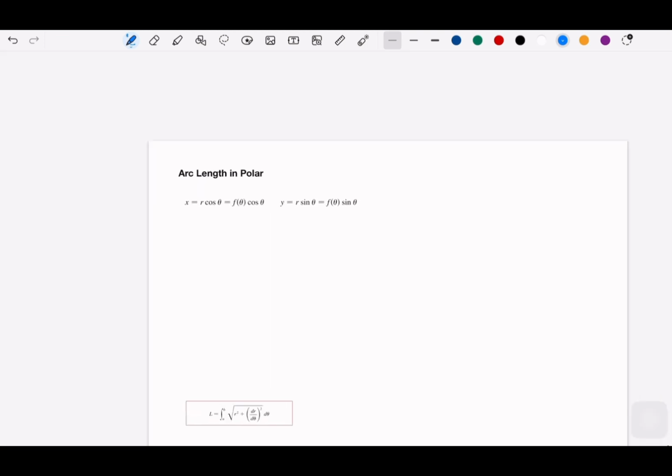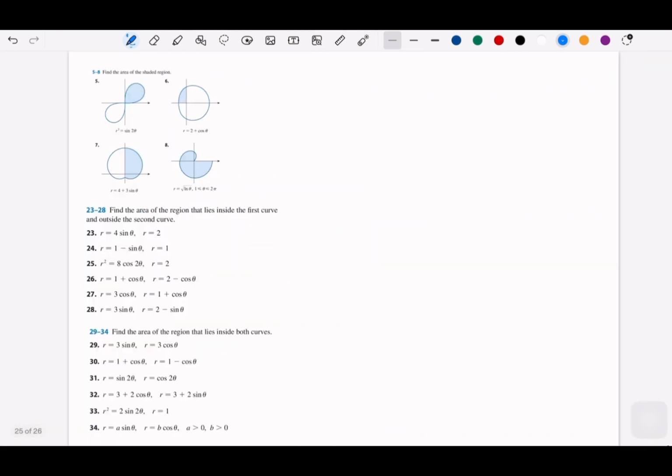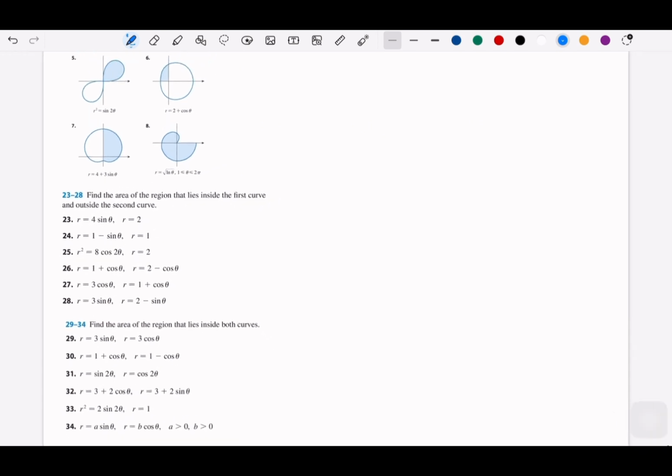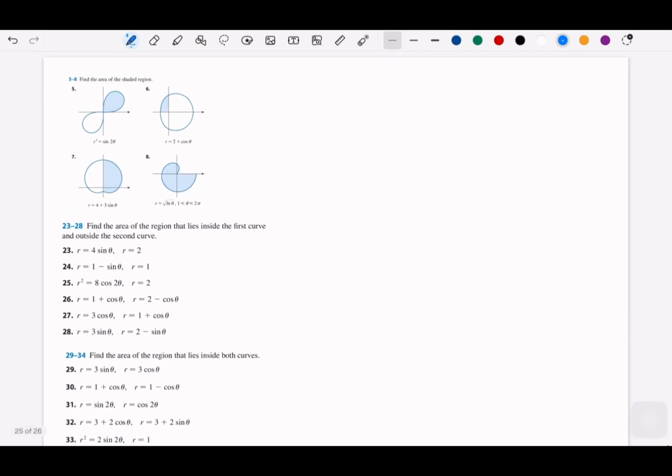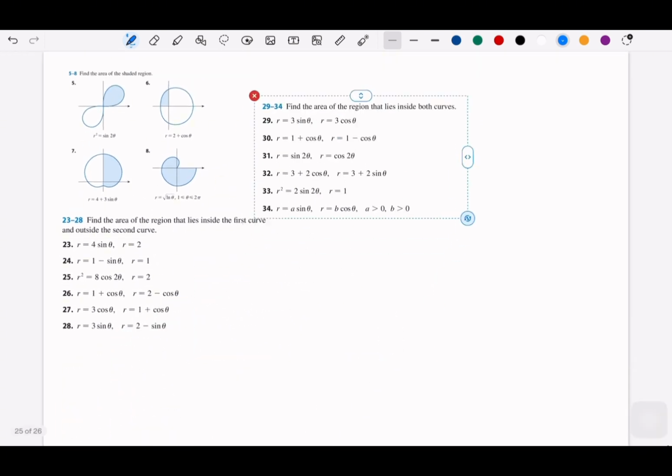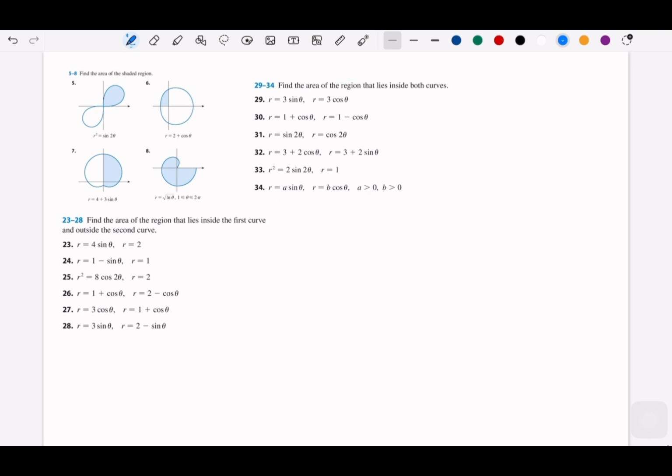Okay, so let me skip this. So this is all about the area. Which one do we need to go to? They don't even draw the graph for this, so you need to draw it by yourself.